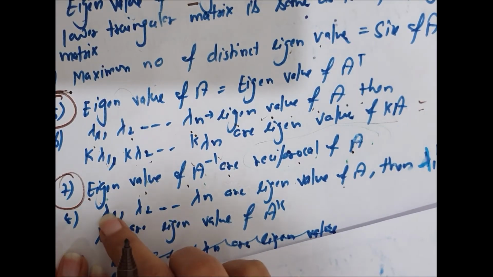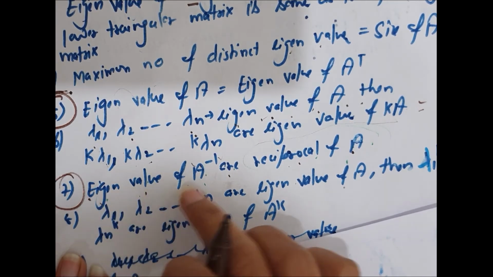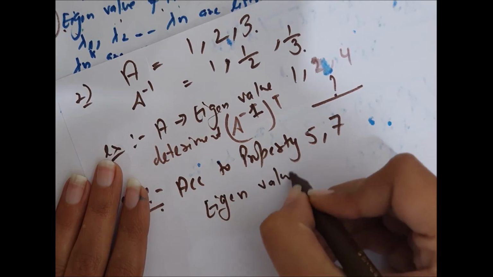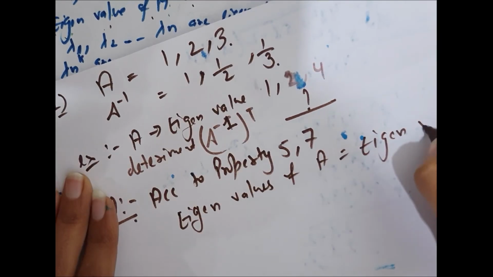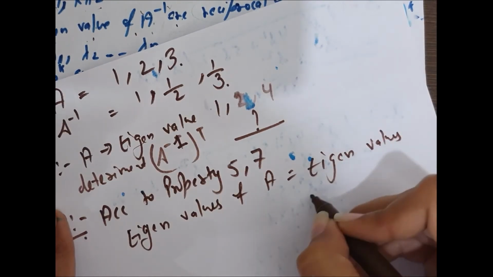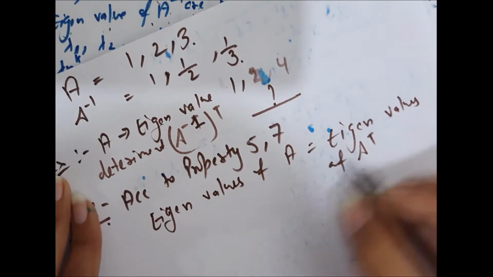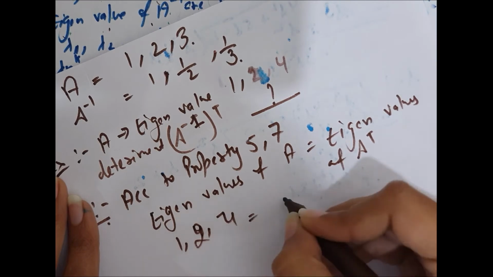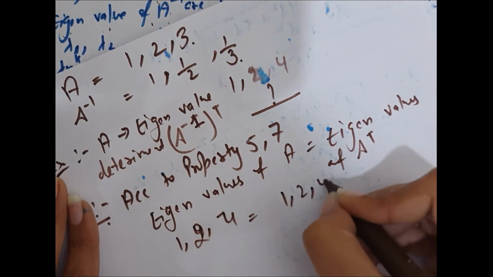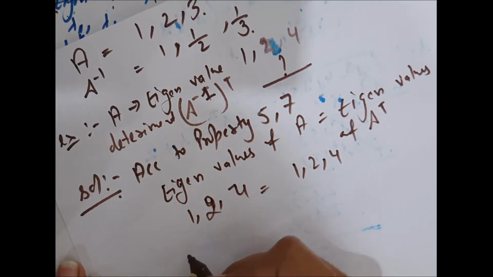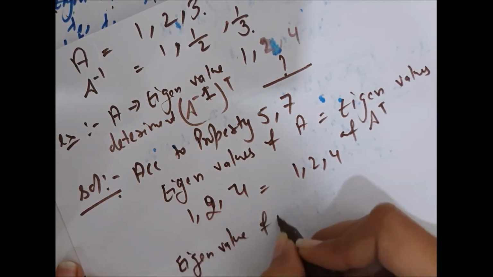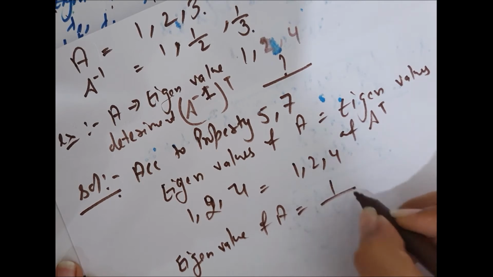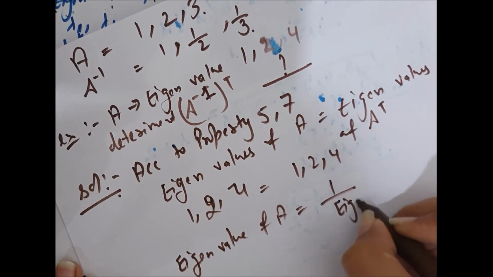According to property number 7, the eigenvalues of A inverse are the reciprocals of those of A. Since the eigenvalues of A are equal to the eigenvalues of A transpose, the eigenvalues of A transpose would be 1, 2, 4 also. According to property number 7, the eigenvalues of A are equal to 1 upon the eigenvalues of A inverse.